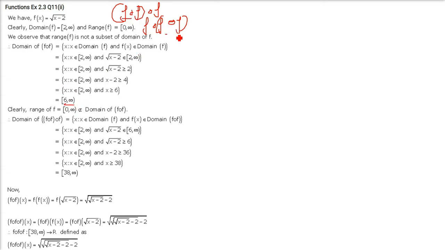We know the domain of f and the domain of fof, but the domain and range, when we take these two, do not match, as I told you earlier also. So we have to find the domain which matches these two. As in the earlier discussion, if the domain doesn't match, we have to find the AND of the domain so that fofof is defined for it.